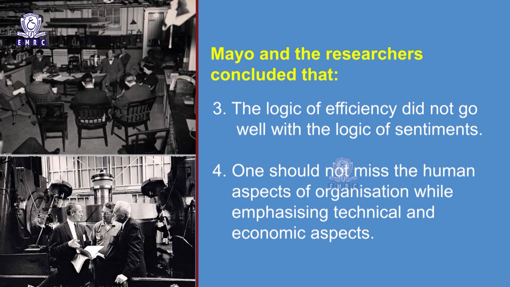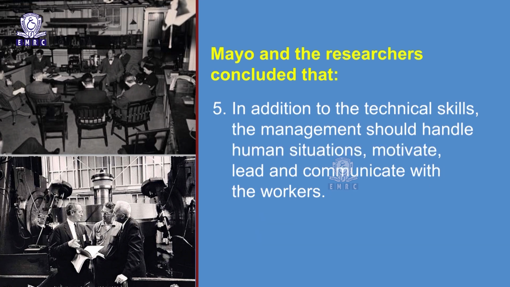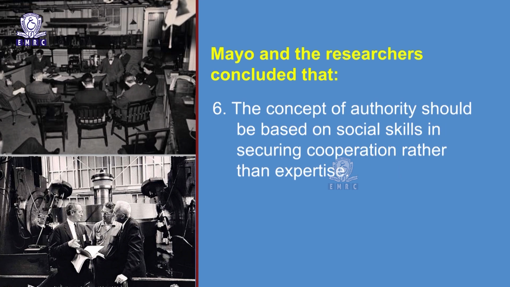One should not miss the human aspects of organization while emphasizing technical and economic aspects. In addition to the technical skills, the management should handle human situations, motivate, lead and communicate with the workers. The concept of authority should be based on social skills in securing cooperation rather than expertise.